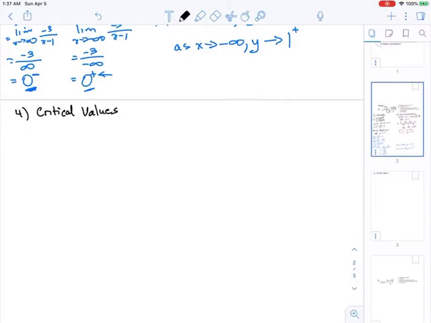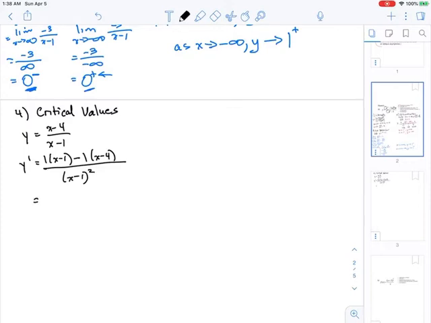All right, so y equals x minus 4 over x minus 1. So y prime equals the derivative of the top, which is 1, times the bottom, minus the derivative of the bottom, which is 1, times the top, all over the bottom squared.